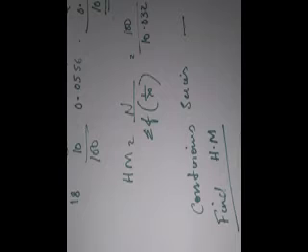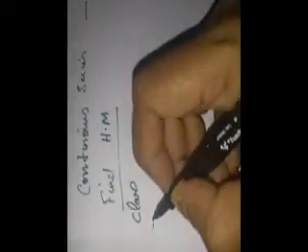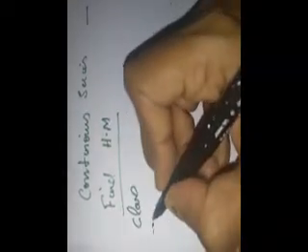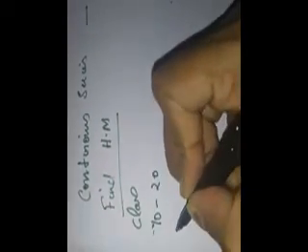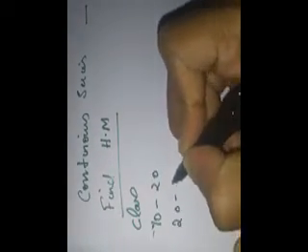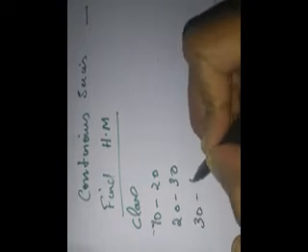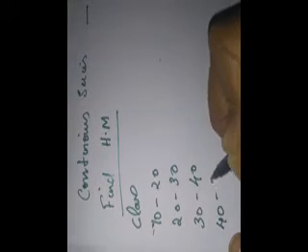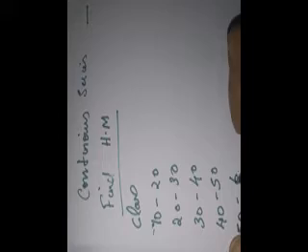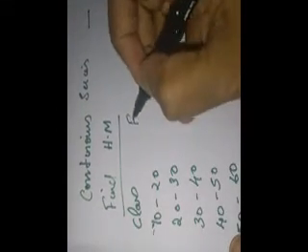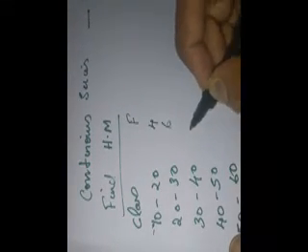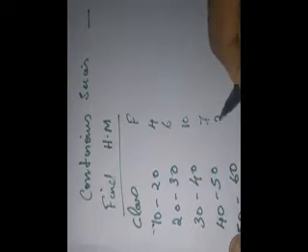Under that you can write class 10 to 20, next is 20 to 30, 30 to 40, 40 to 50, 50 to 60. Now you will be having the frequencies 4, 6, 10, 7 and 3.